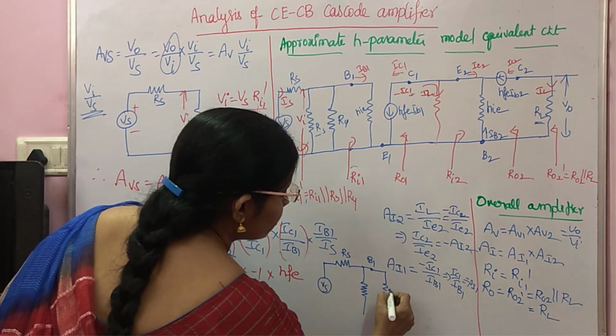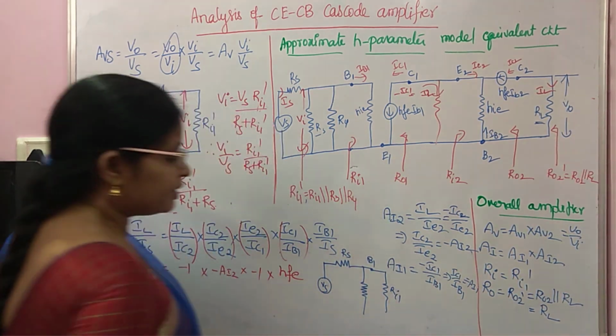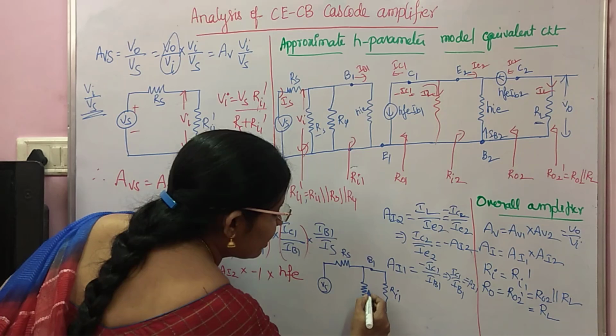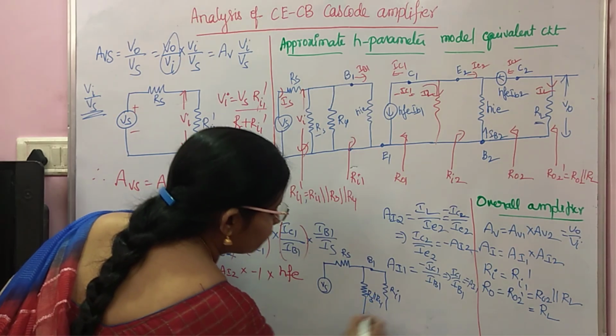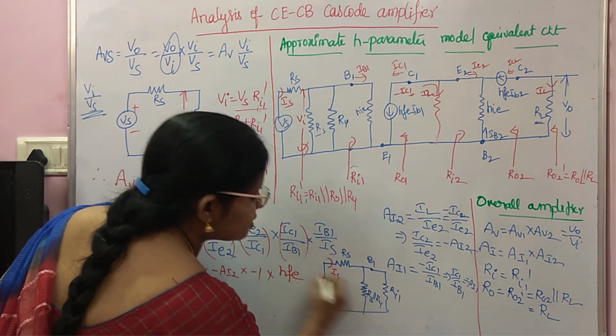Here, hie is nothing but Ri1, so I'll write it as Ri1. So this will be R3 in parallel with R4. Now this is the current IS.